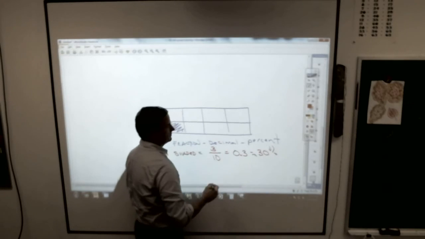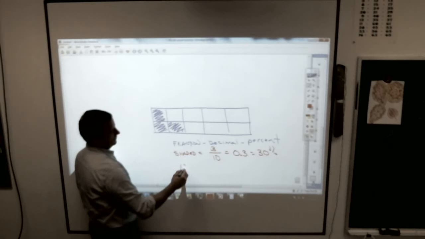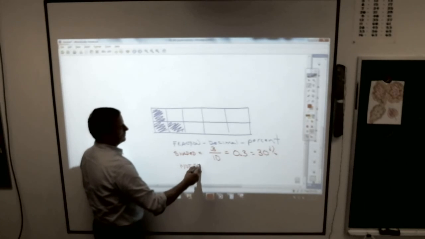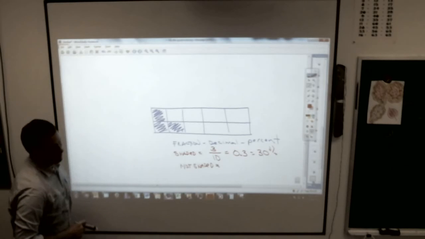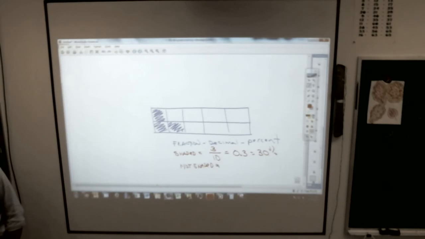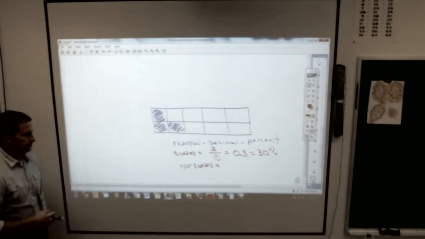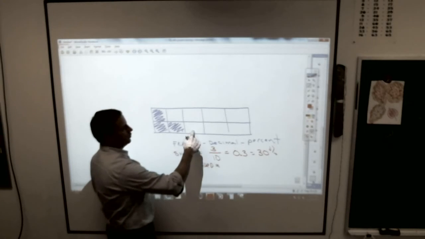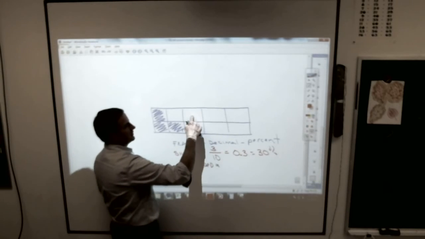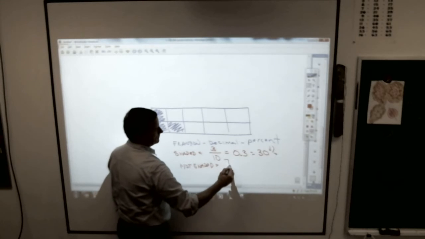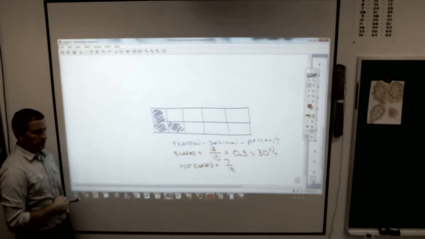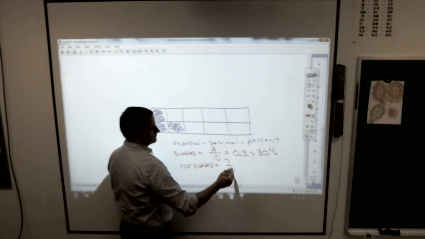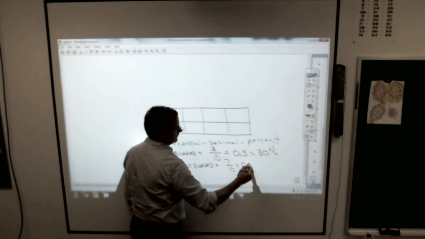Oh, don't be afraid. And then what if I asked you what the not shaded one is? What fraction is not shaded? Ephraim? 1, 2, 3, 4, 5, 6, 7/10. What decimal is 7/10, Kevin? 0.7.